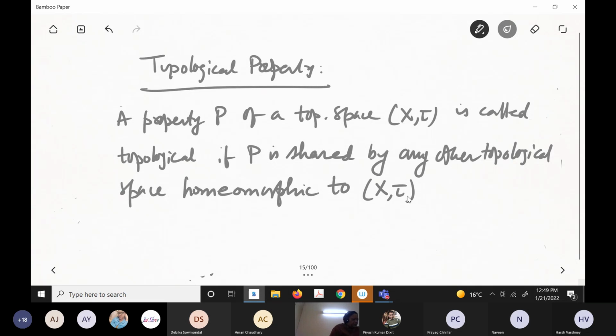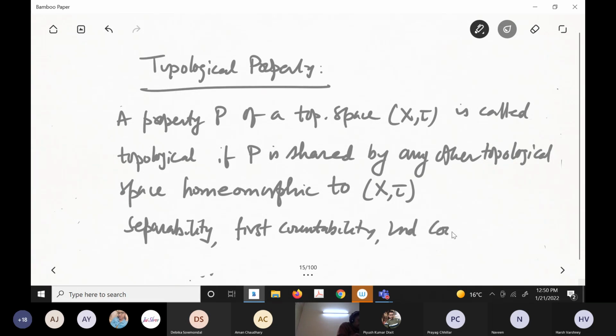Like, look, separability: the continuous image of a separable space is separable. So separability is preserved by homeomorphism. So separability is called a topological property. Examples: separability, first countability, second countability. These are all topological properties.